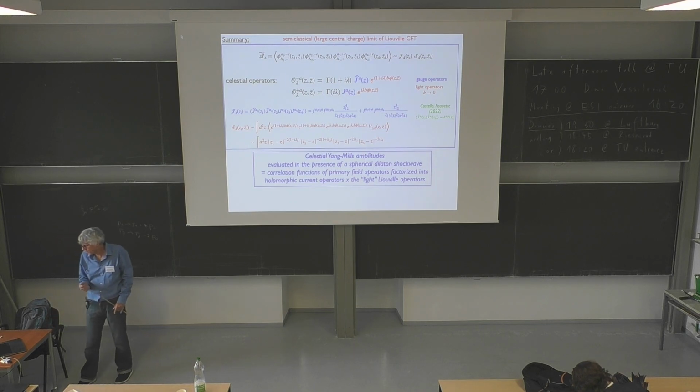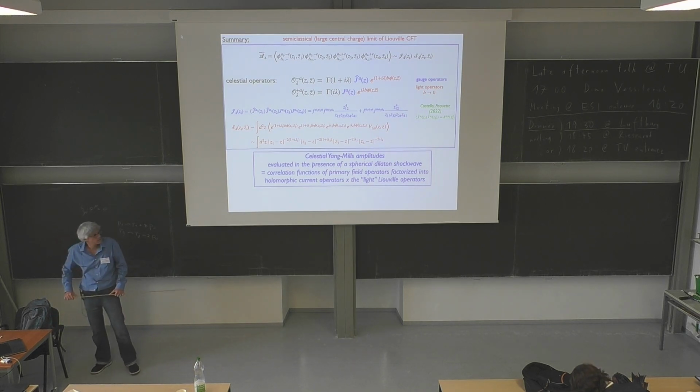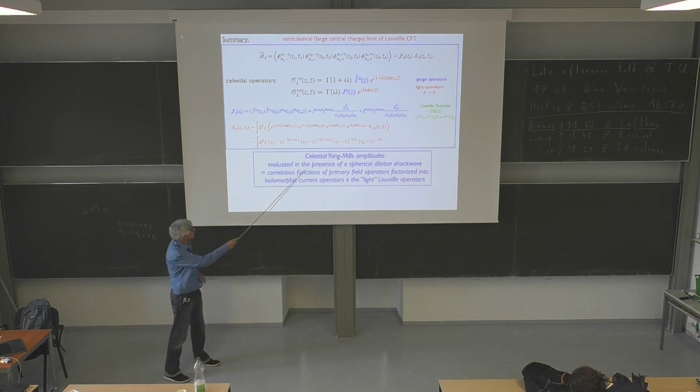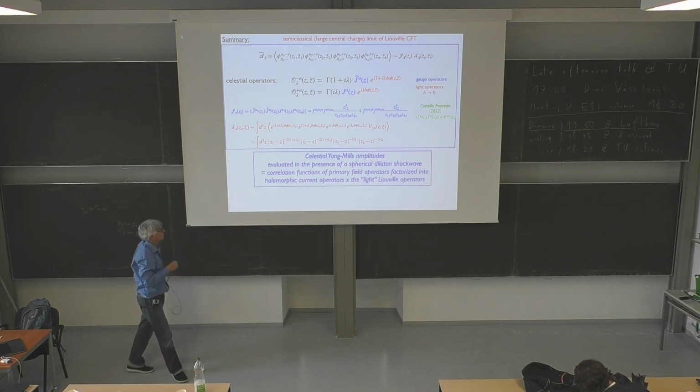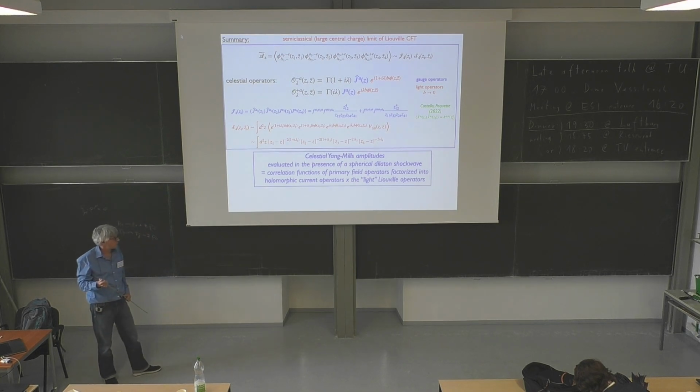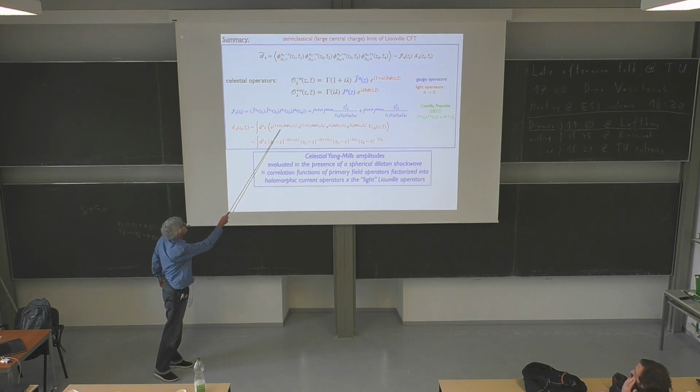So what we have found is that celestial amplitudes, if you evaluate them in the presence of a dilaton background, can be described as some correlation functions in Liouville theory with light operators. Light means because the P goes to 0.